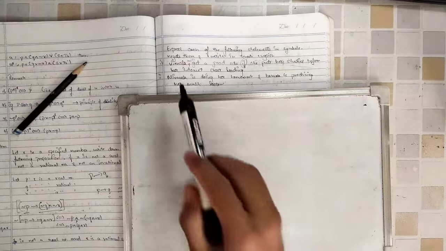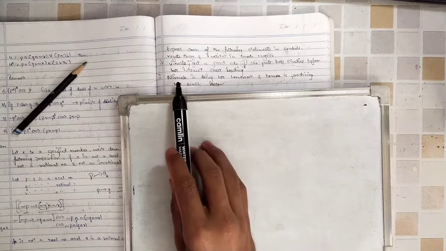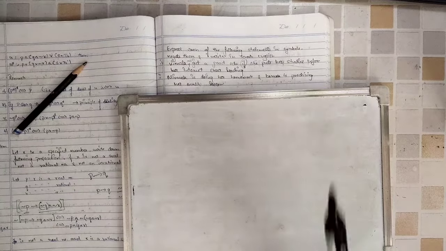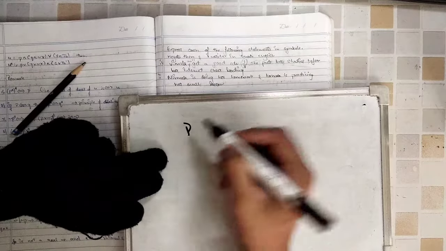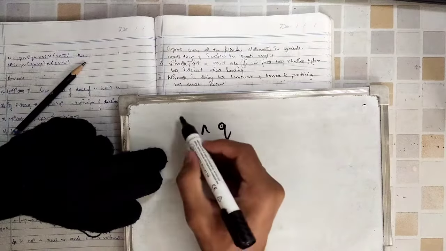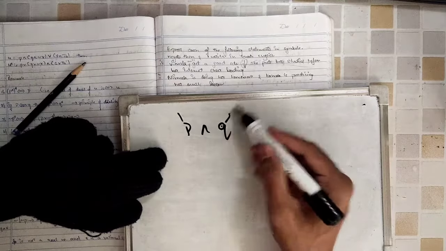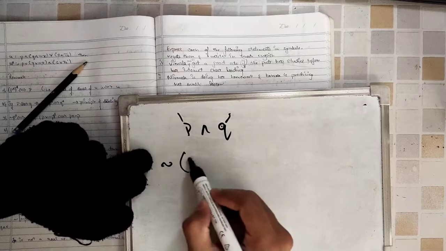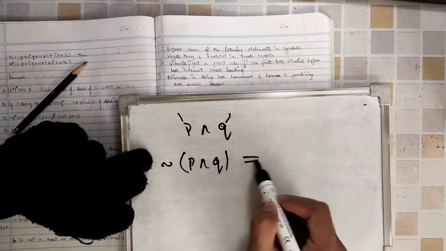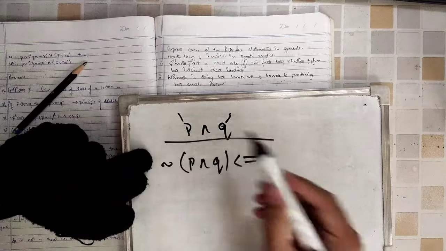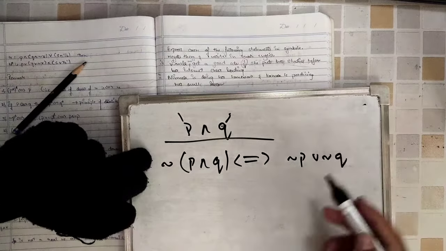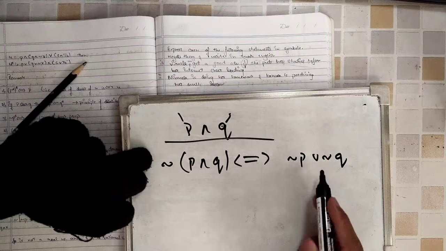Similarly, we have another proposition. Nirmala is doing her homework and Kamala is practicing her music lessons. So it is simple, P and Q. P is Nirmala is doing her homework and Q is Kamala is practicing her music lessons. What is the negation of this P and Q? It is logically equivalent, first in symbols, to negation P or negation Q. So how to write this in smooth English?